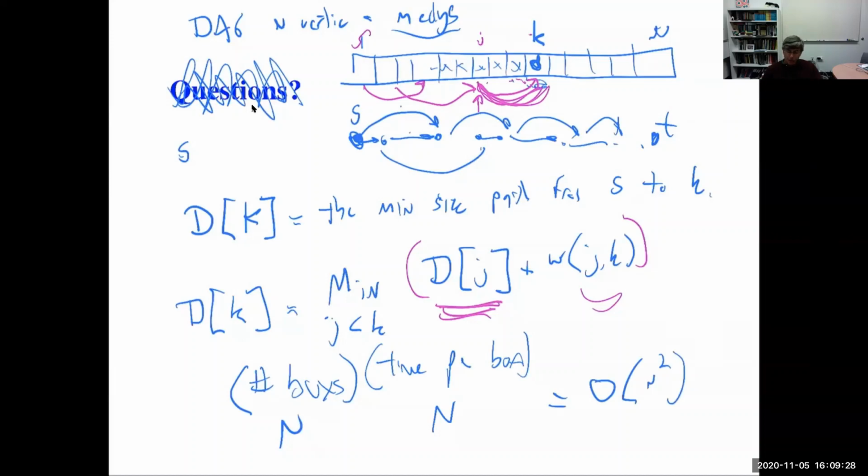And actually, if you're a little cleverer about it, and you just had the adjacency list of all the edges that went into D, you could only use the vertices that actually have edges. There's actually a way to do this better for a sparse graph.